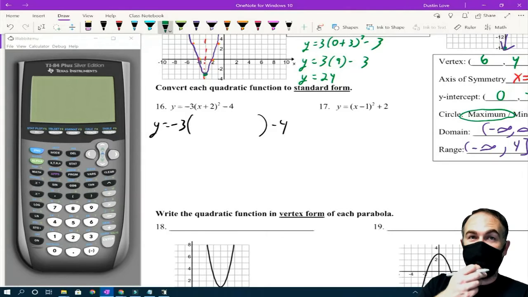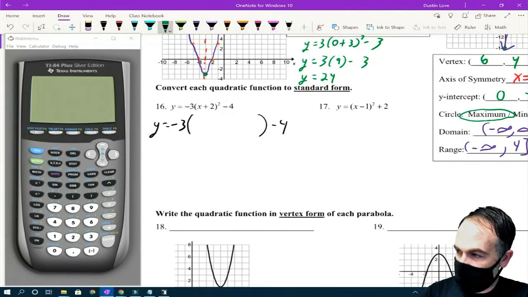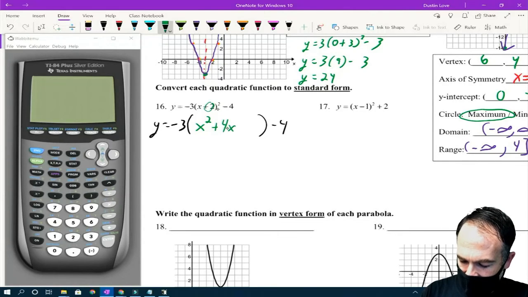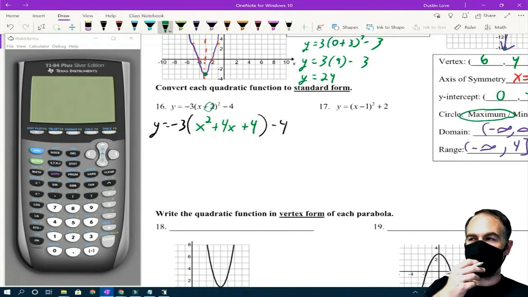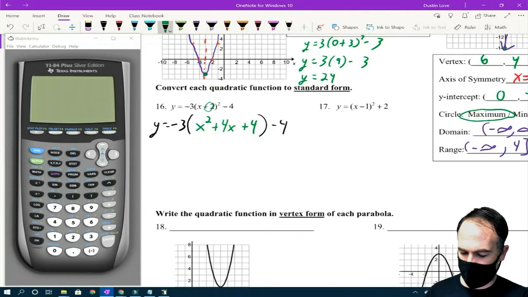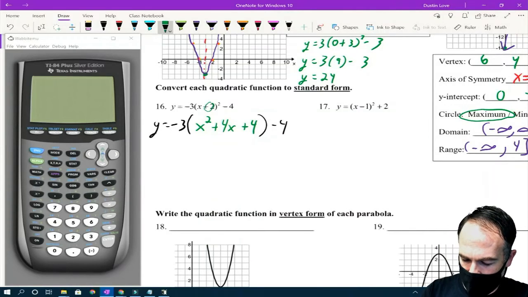Now remember, we talked a little bit about how to shortcut these the other day in the completing the square lesson. We're going to have x squared. Then you take this number and double it, and that becomes your b value. And then you take that number and square it, and it becomes your c value. And with the 2, doubling and squaring is the same thing. So we got 4x and 4.